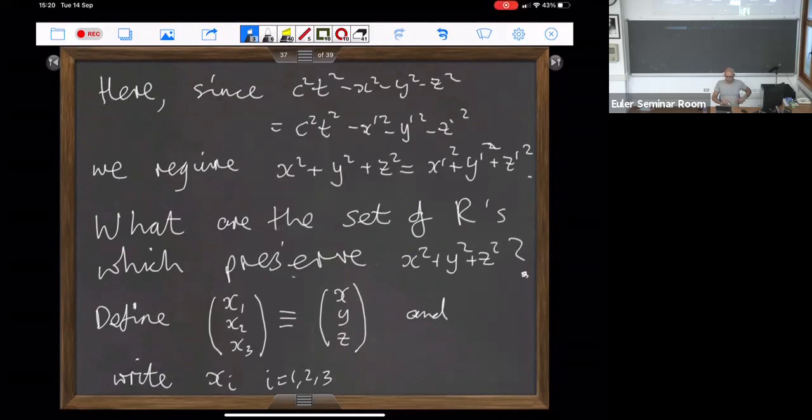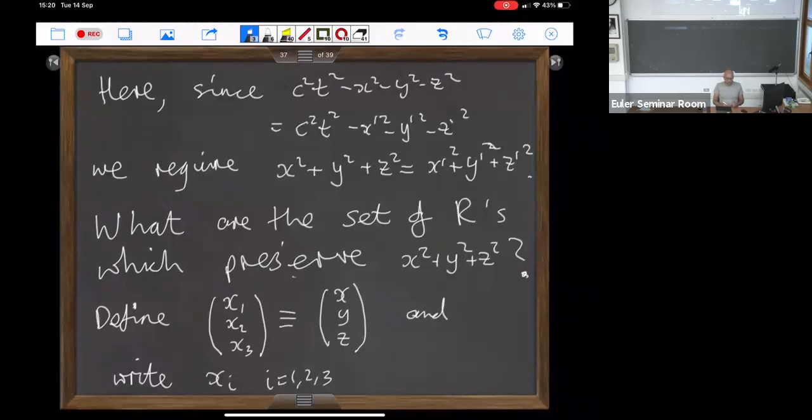Now, since we want to preserve the intervals, we have the above equality. And that means that x squared plus y squared plus z squared must be the same in the other frame.